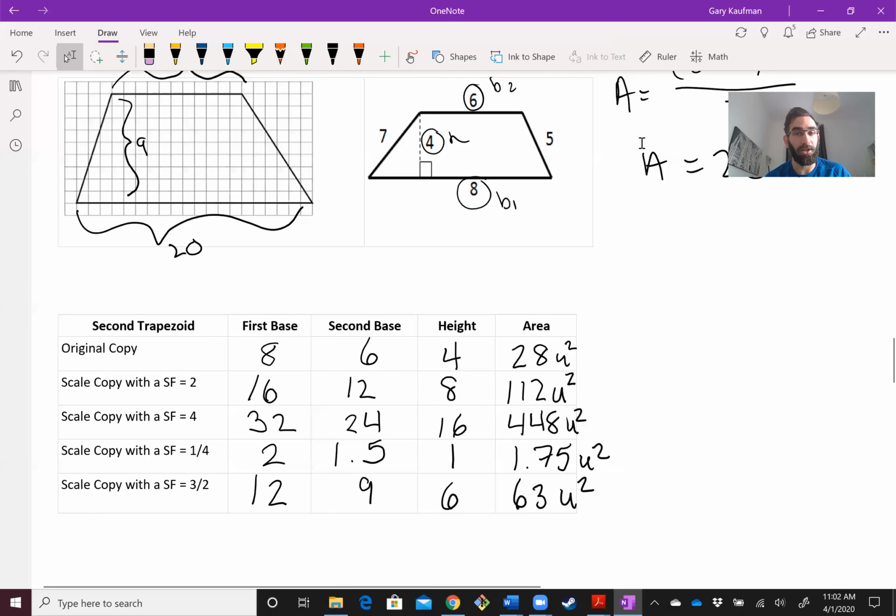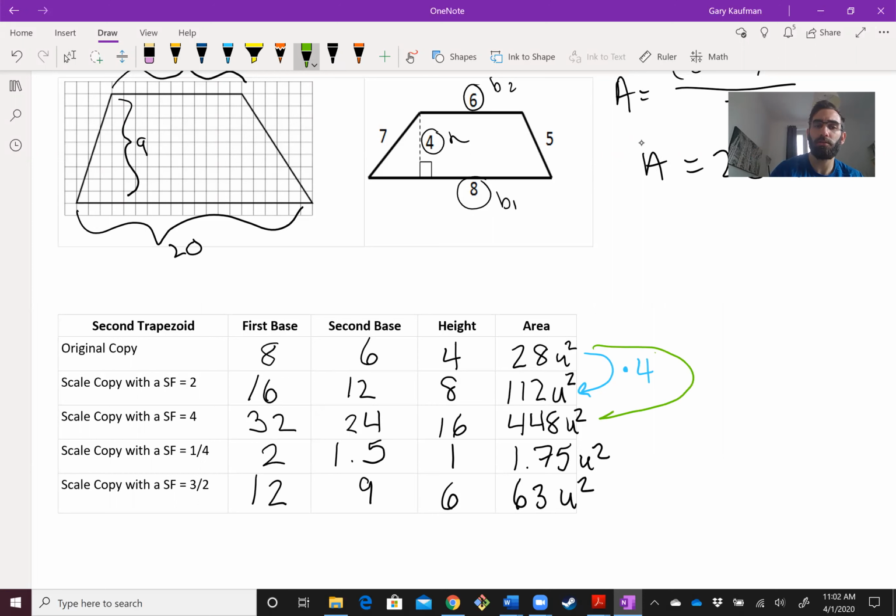So here are the answers. Well, this was 4 times. This was 16 times. This was 1/16 of the original, or dividing by 16.